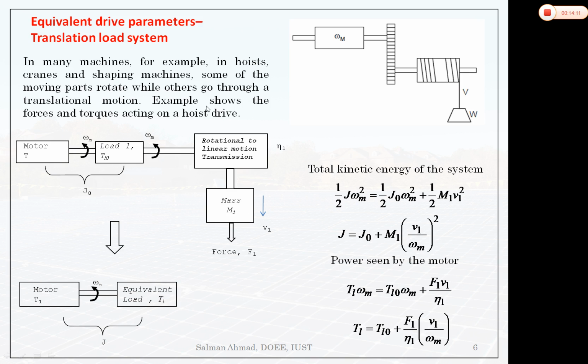Then this translational system, the rotational to linear motion transmission system, will have some efficiency. We have to divide by that efficiency because the motor will see more power. So F1 into V1 upon eta 1. Now again divide by omega m on both sides. We get TL is equal to TL naught plus F1 upon eta 1 times V1 upon omega m. So we have transformed the translational load system into one rotational load torque system.